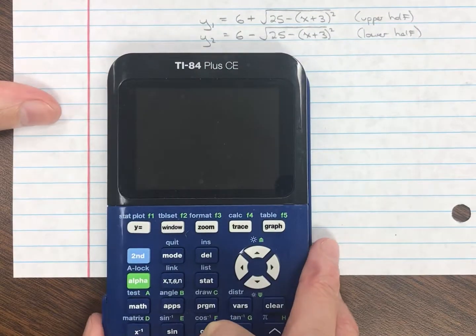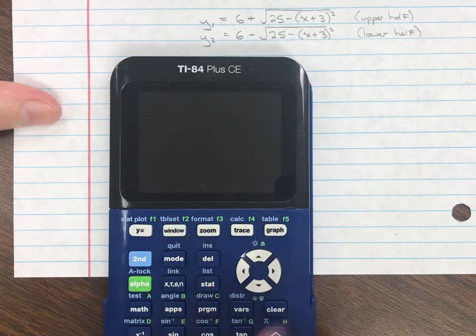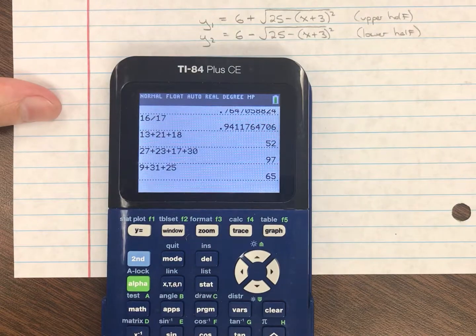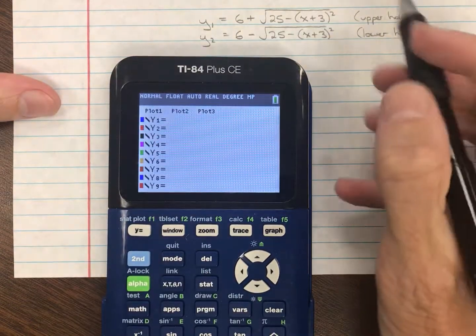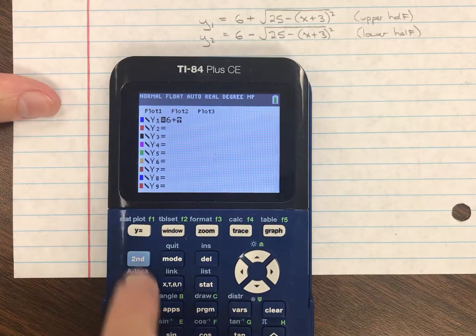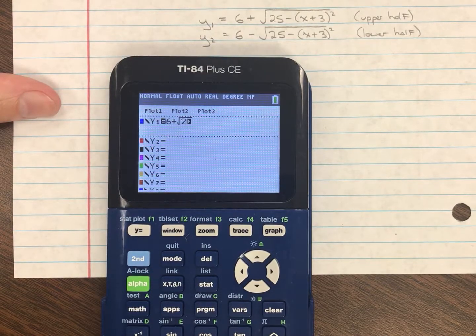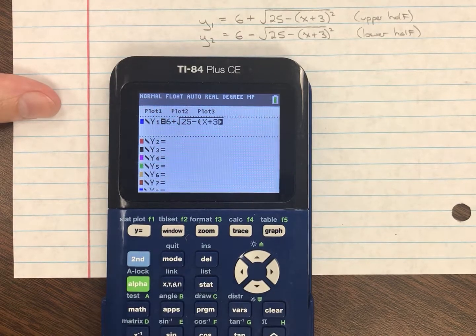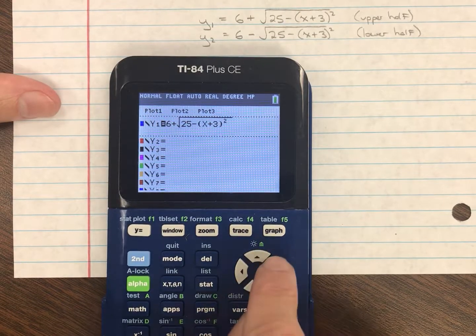Let's go into our calculator and graph this one. I'm in my calculator, y equals. The upper half is 6 plus the square root of 25 minus the quantity (x + 3) squared.